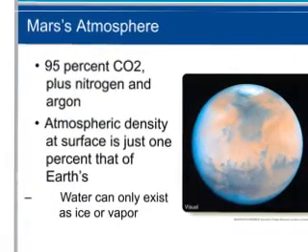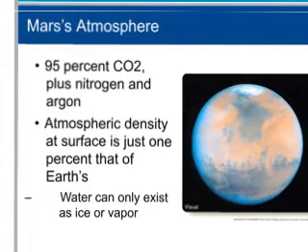Mars's atmosphere, very similar to Venus, is 95% CO2, but it also has nitrogen and argon in the atmosphere. Mars's atmospheric density at the surface is only 1% that of Earth. Because the atmosphere is 1% that of the Earth's atmosphere, many more atoms escape the Martian atmosphere than escape the Earth's atmosphere.